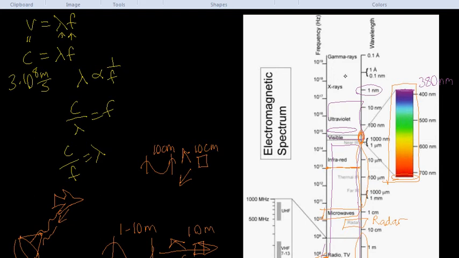Beyond that, humans can't really reproducibly make waves of shorter wavelengths than this, but you have things called gamma rays and even cosmic rays up here that are 10 to the 19th hertz, or cycles per second. An enormously high frequency, and once you get up into this range, only bodies out in space can produce something this energetic, and that's generally why we call these highest rays cosmic rays.